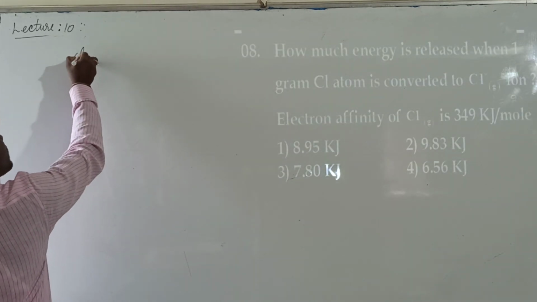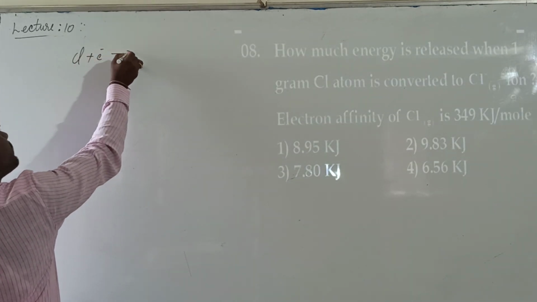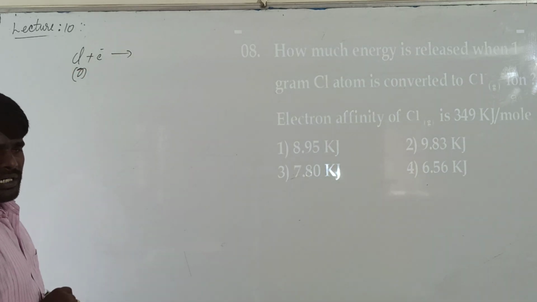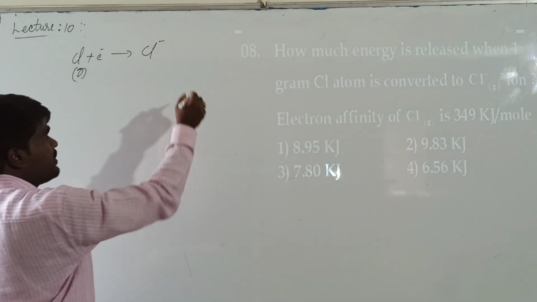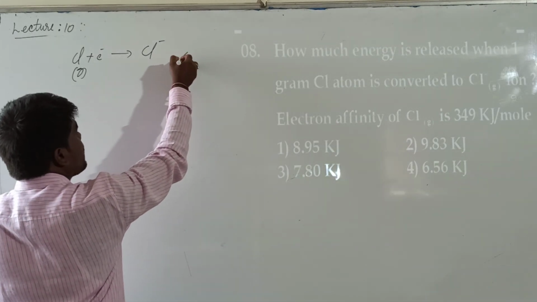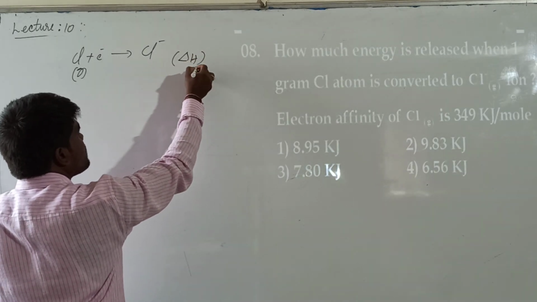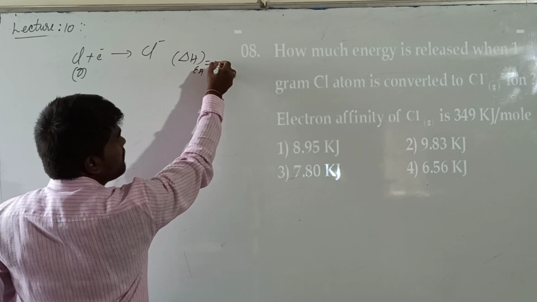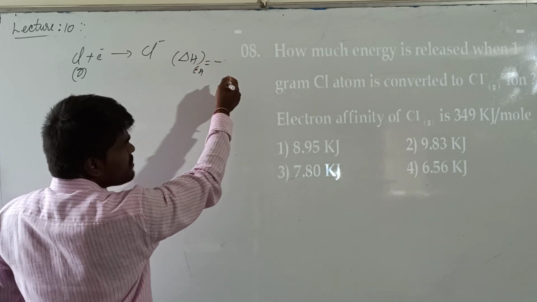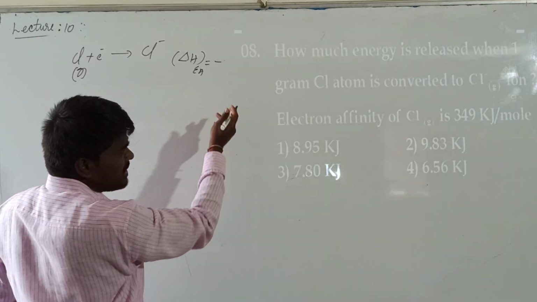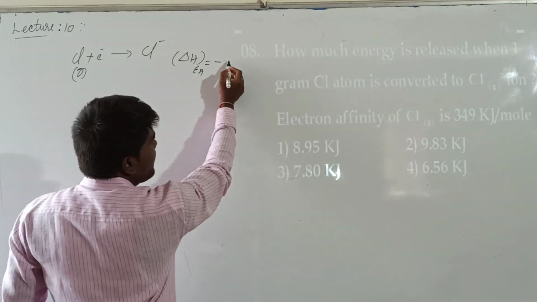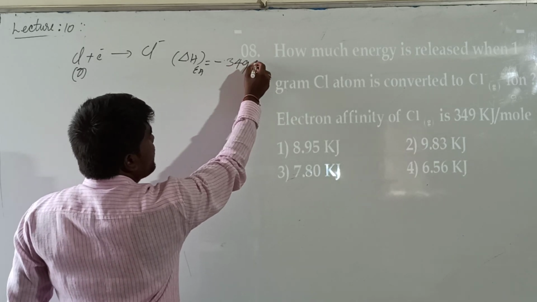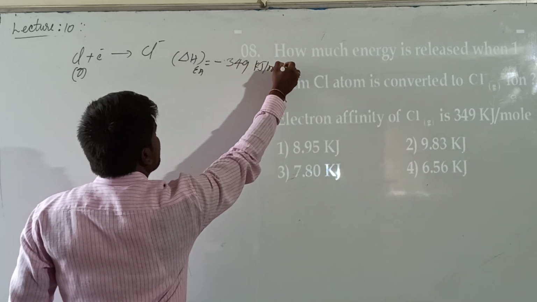What is meant by electron affinity? When 1 mole of chlorine atoms gains 1 mole of electrons, it will be converted to 1 mole of Cl minus, and here this delta H, we call it electron affinity. Energy will be released, so we have to take it as minus 349 kilojoules per mole.